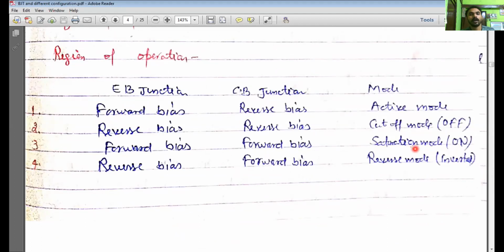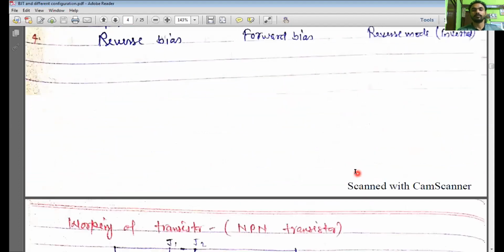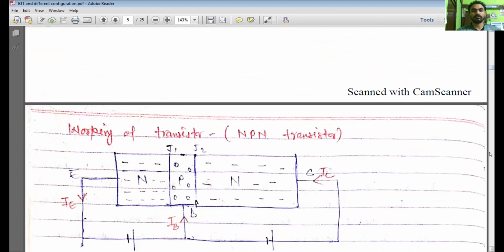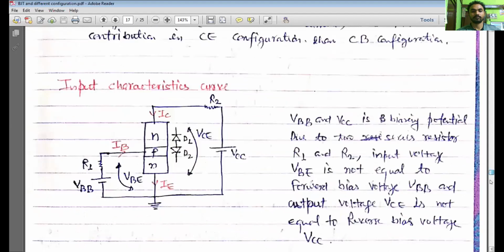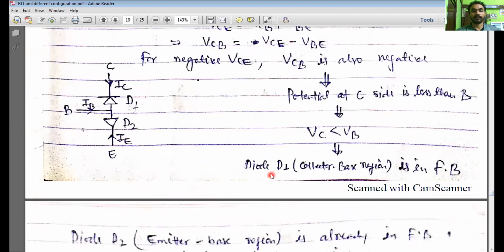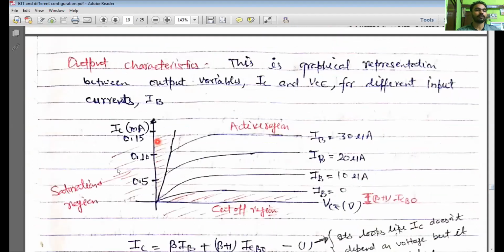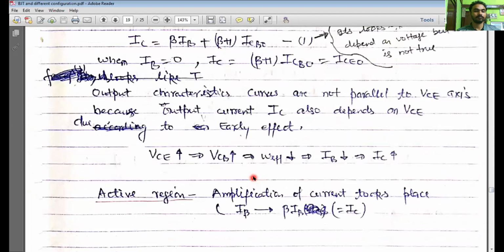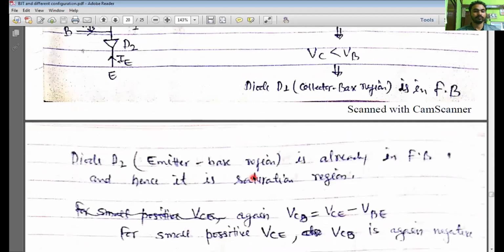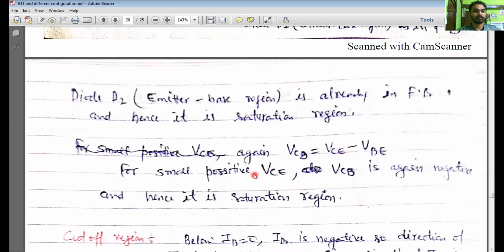This is in the on condition, and that is why it is called the saturation region. See that we are talking about this saturation region. Diode D2 is already forward biased.